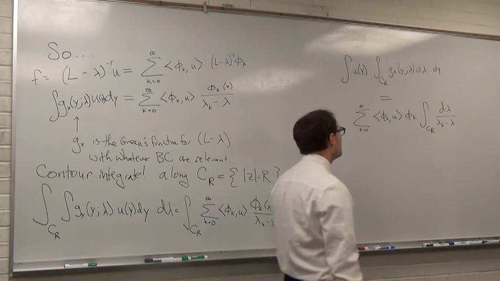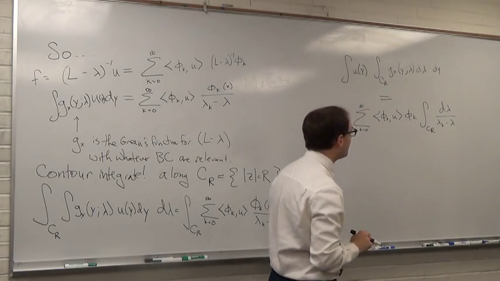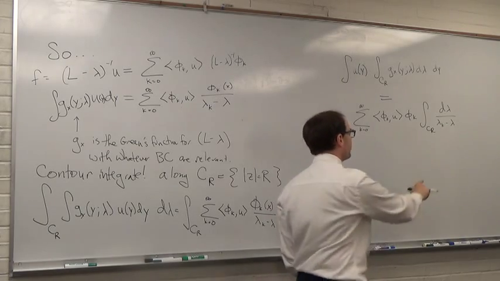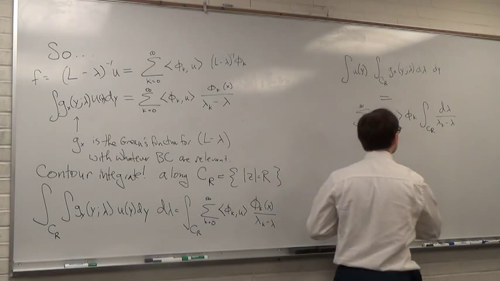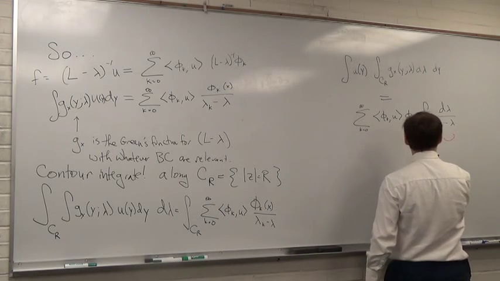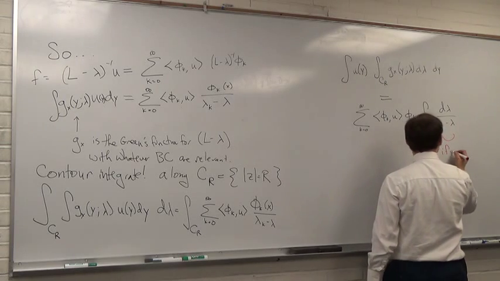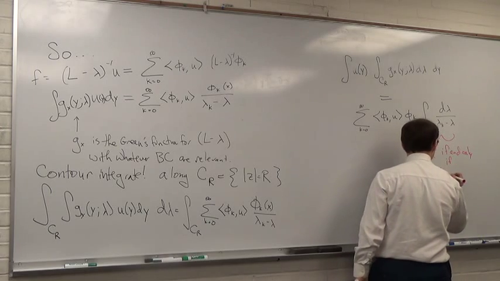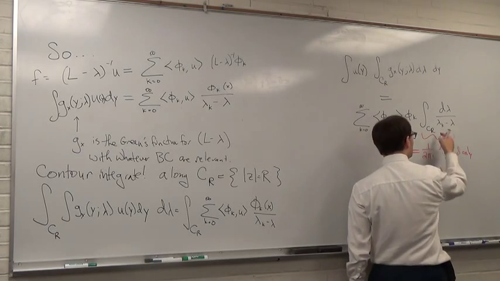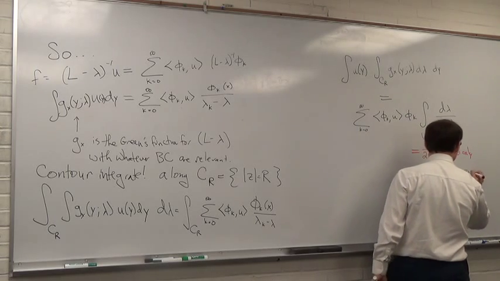And so in particular, this is going to take on the value of 2 pi i, or 1 over 2 pi i, if and only if lambda_k is in that circle. So this is equal to 1 over 2 pi i if and only if lambda_k is on the inside of that circle, so if the norm of lambda_k is less than r.